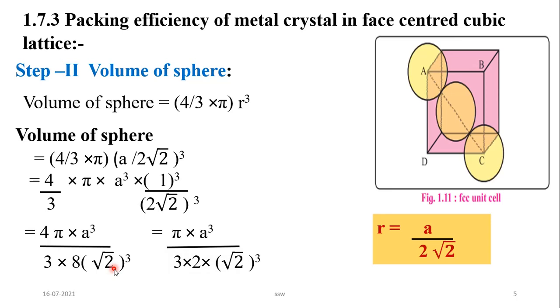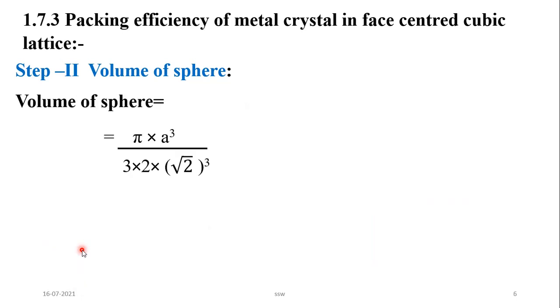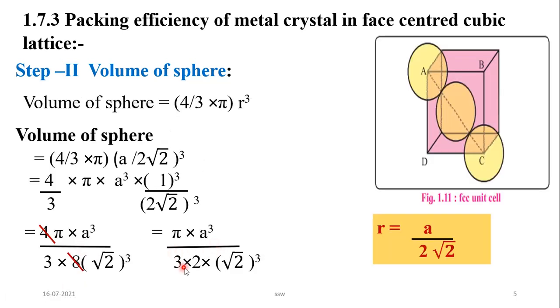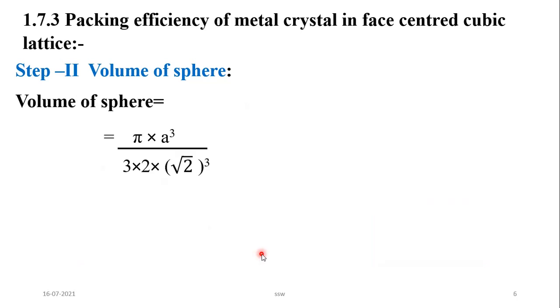So it is equal to how much? See here, 4 divided by 8 means 1 upon 2. Therefore, pi into a cube divided by 3 into 2 into root 2 cubed.